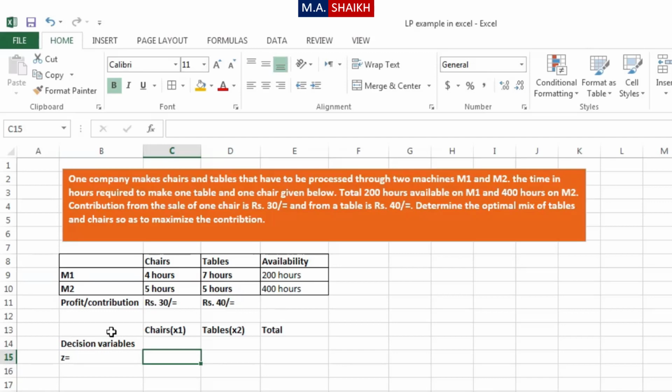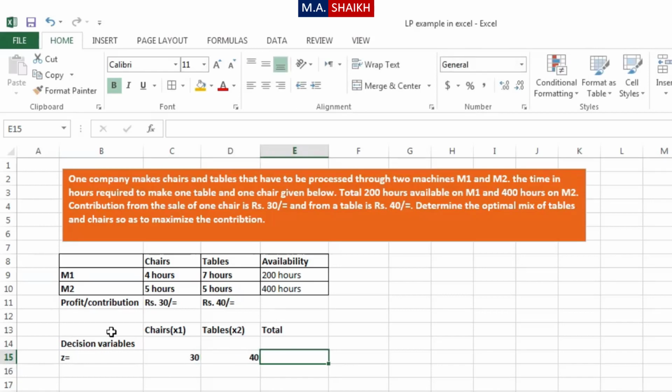Profit on one chair is 30 rupees, and on a table is 40.